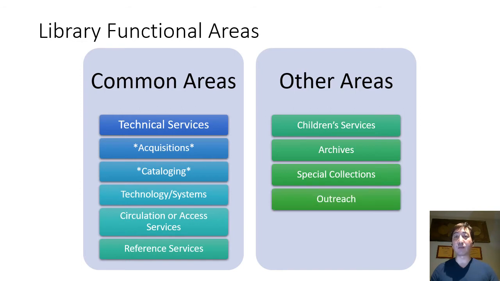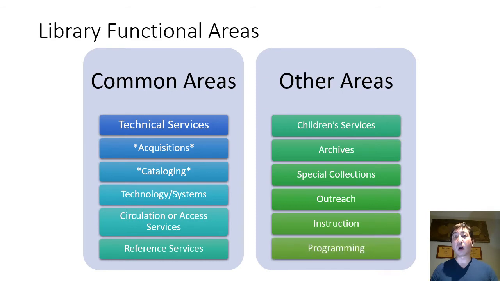Outreach might be present within most libraries, but usually more commonly found as a part of a defined structure in academic and public libraries. Instruction will be most commonly seen in academic and school libraries, while programming, much like outreach, might be present in some shape or form in most libraries, but is most likely aligned with a strong structure across public libraries.